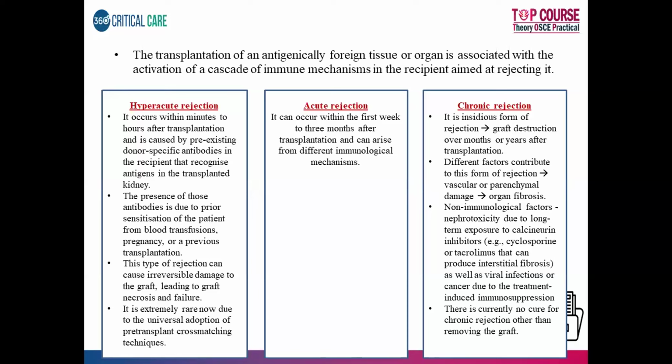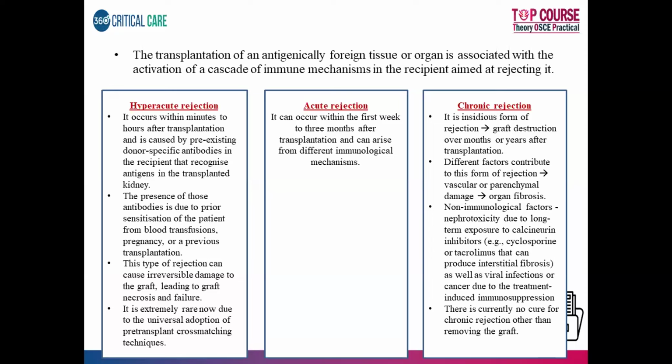So how can these pre-existing donor-specific antibodies be present? It can happen due to prior sensitization of the patient from blood transfusions, or if the patient was a pregnant lady, or if the patient had previous transplantations. In such cases, if the recipient has specific antibodies to the donor, then there could be rejection that is known as hyperacute rejection.